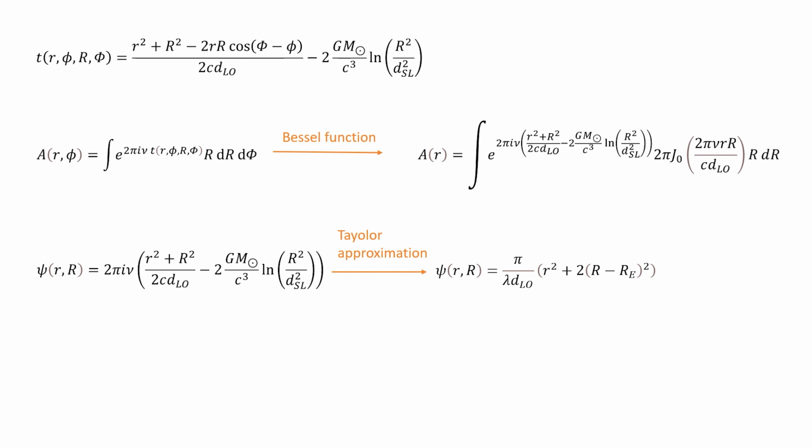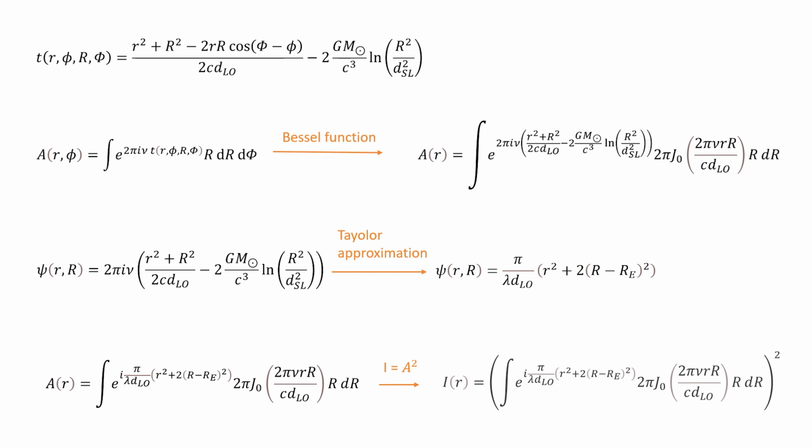R_E is the distance of the region with the minimal phase change, or in other words, the distance of the Einstein ring from the center of the Sun. Inserting the approximated phase gives us the new amplitude function, and since the intensity is the amplitude squared, we also found the intensity as a function of small r.